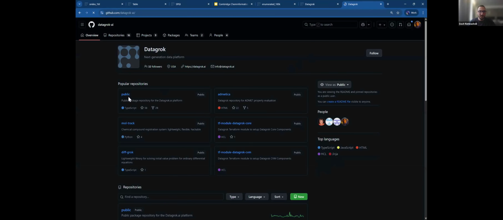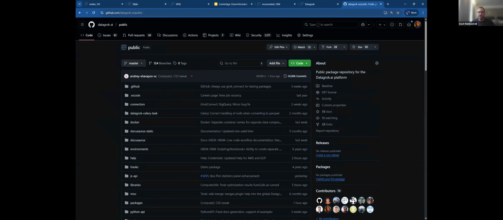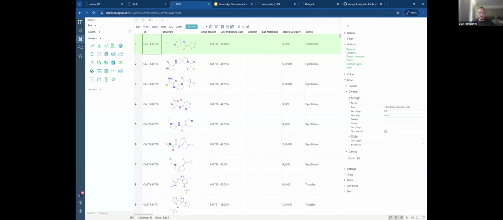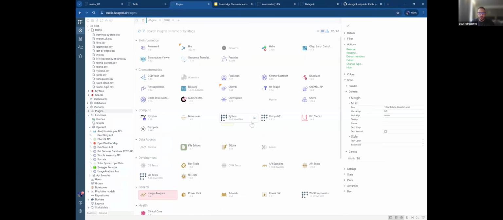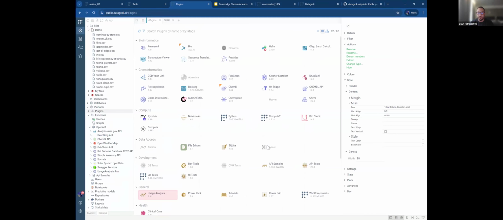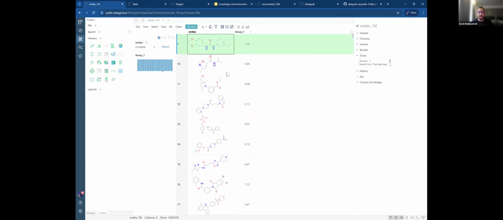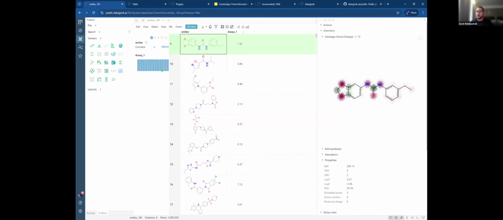So, yeah, sorry. Everything is under our Datagrok AI public. If I show the plugins, here is the list of all the open source plugins, which are under the same GitHub. What these plugins do is tell the platform that I have this function, it can do this, and this function has a certain role. One example that I showed is that when you click on a molecule, it's very context aware.